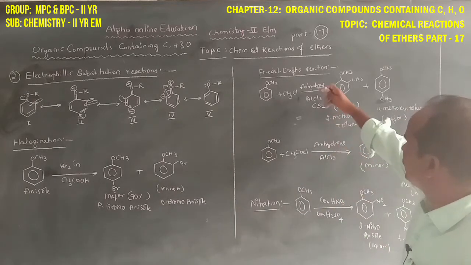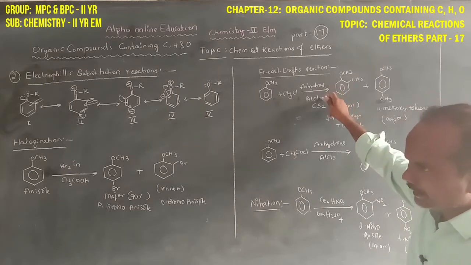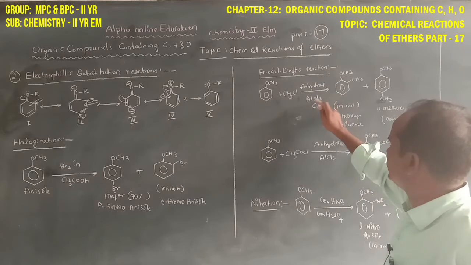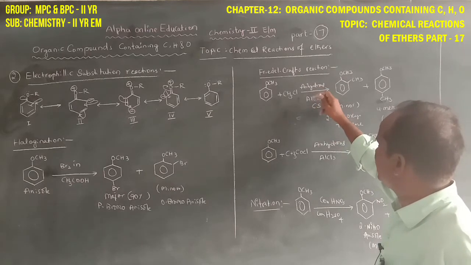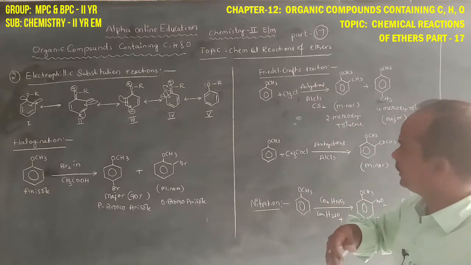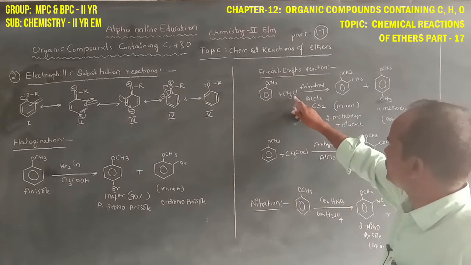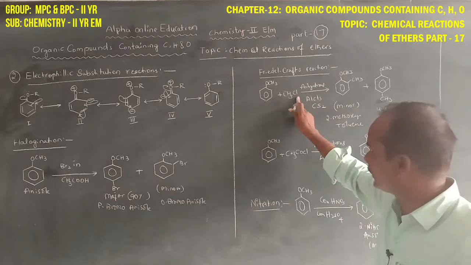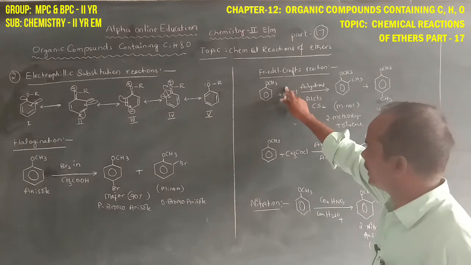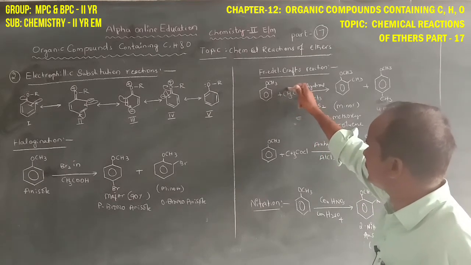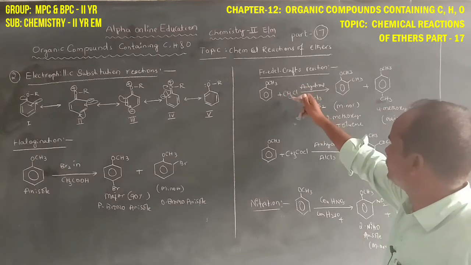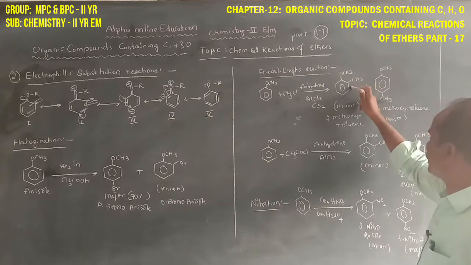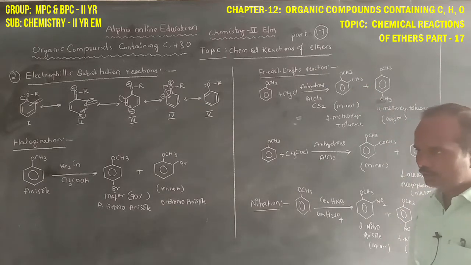The anhydrous AlCl3 acts as a Lewis acid and accelerates the formation of methyl carbocation from methyl chloride. This methyl carbocation is considered the electrophile, and it attacks the aromatic ring at the ortho as well as para positions.